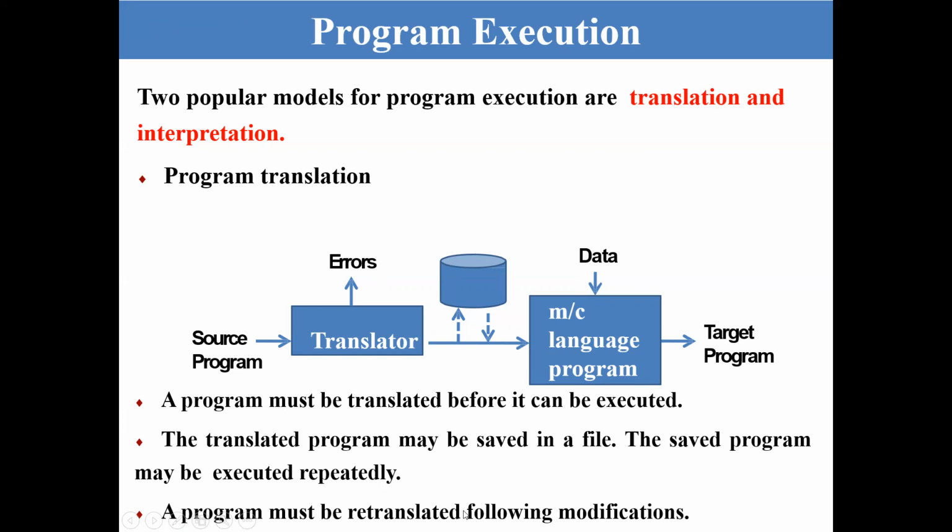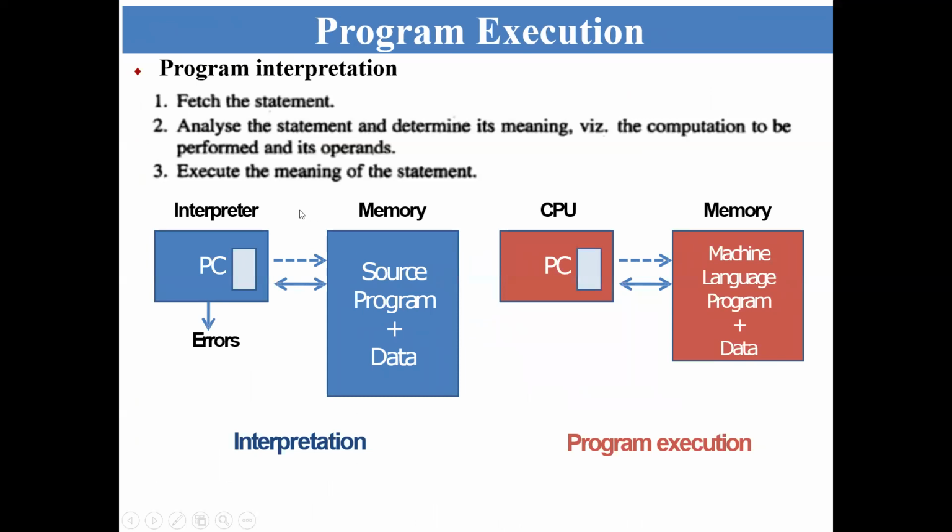Suppose you want to make some modifications, and you have done that modification in the source program. Then you have to translate it again. You cannot use the same program for execution. So these are the three important points related to this program translation model. Now, the second one, that is program interpretation.